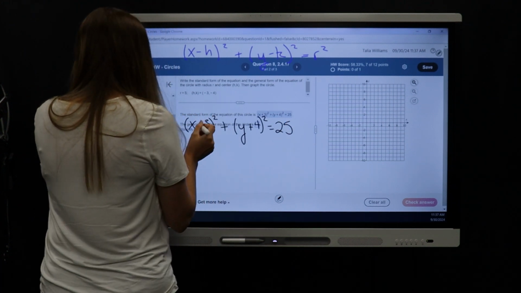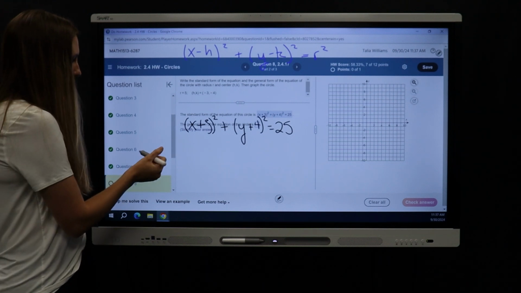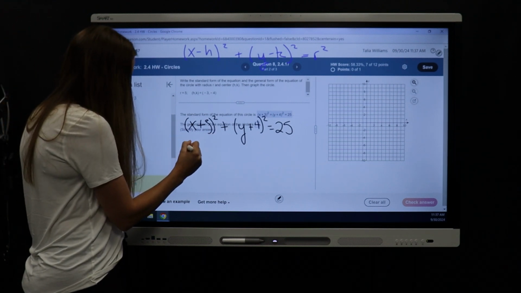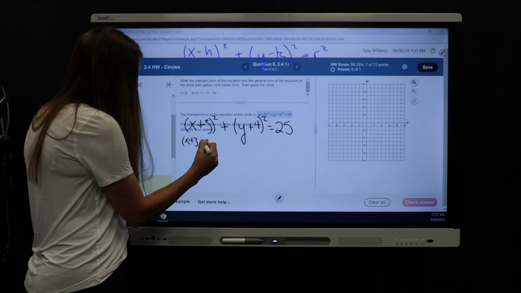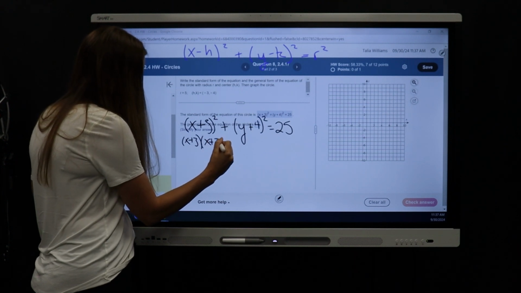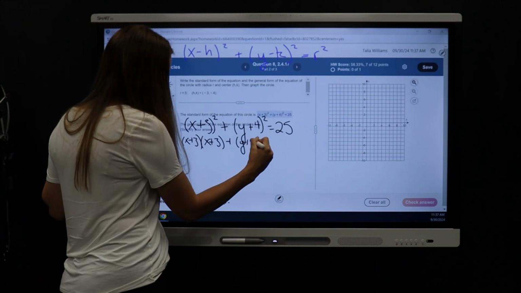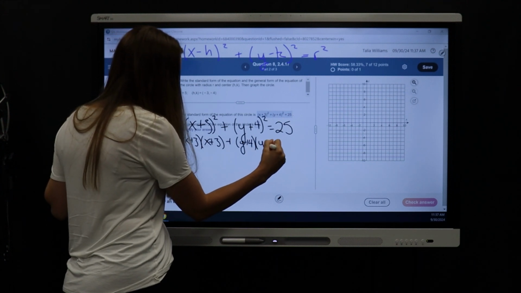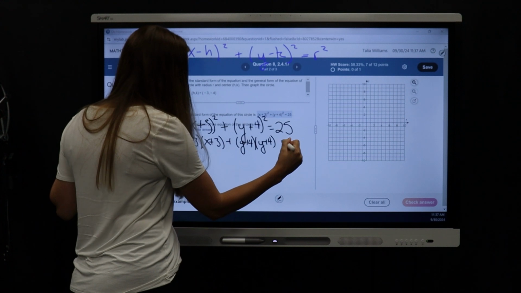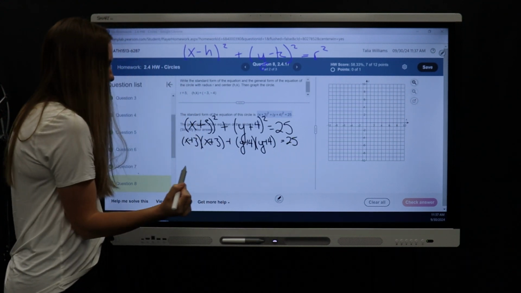When we go to do our general form for this one, we're going to have x plus 3 times x plus 3, which we just did that one. And all that's going to be added to y plus 4 times y plus 4 equals 25.